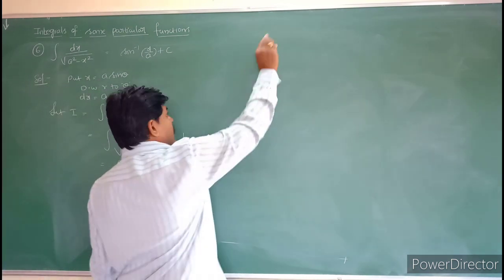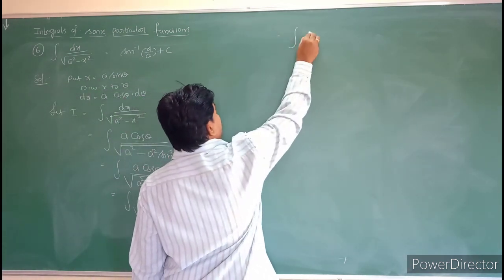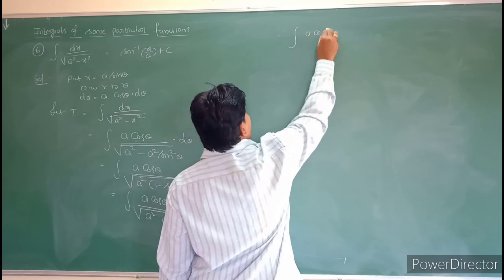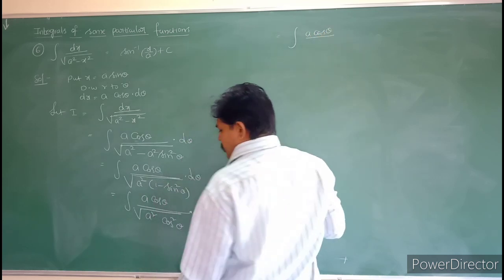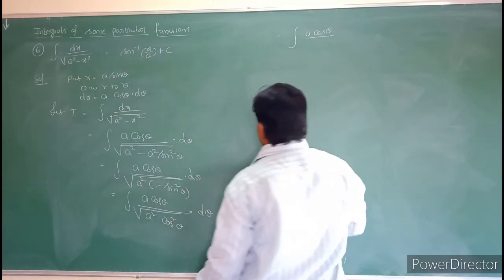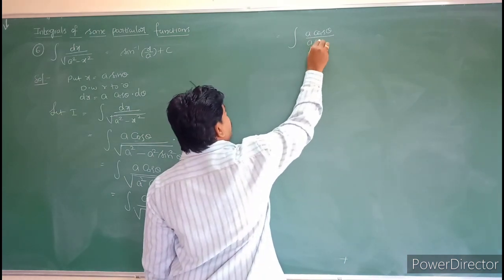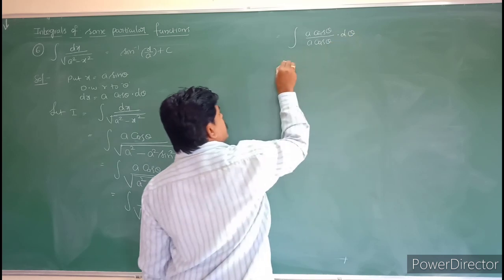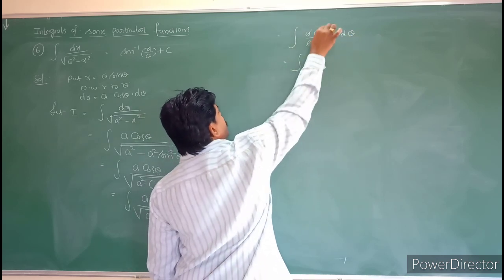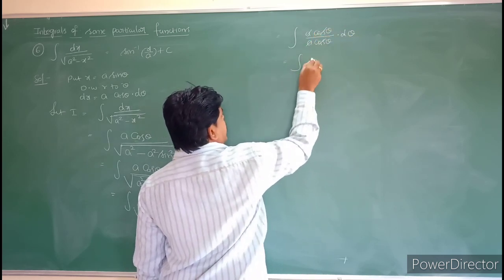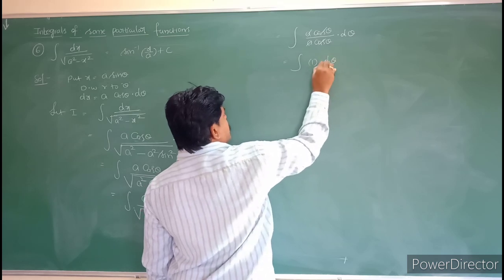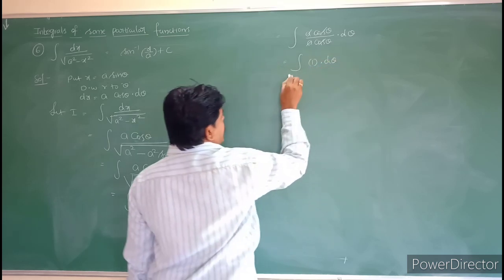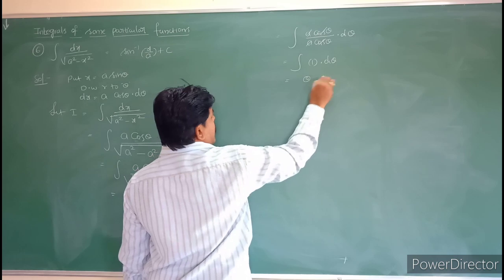In the denominator the square and the root will be cancelled. You will get a cos theta d theta. So cos theta will be cancelled. You will get a into 1 d theta. The integral of 1 with respect to theta, you will get a theta plus c.